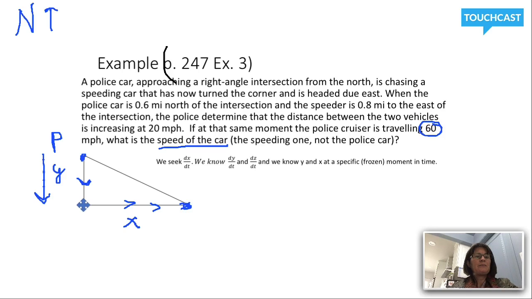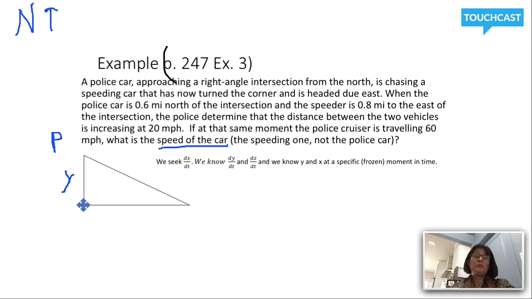So what do I know? Okay, I know that the police are going 60 miles an hour. So I'm going to call this y. I have to ask myself, is the vertical leg of that triangle getting longer or shorter?